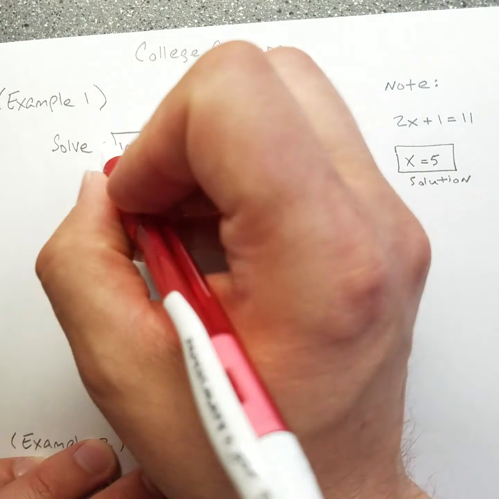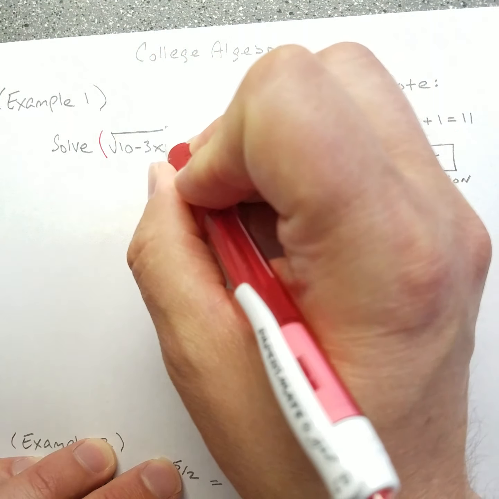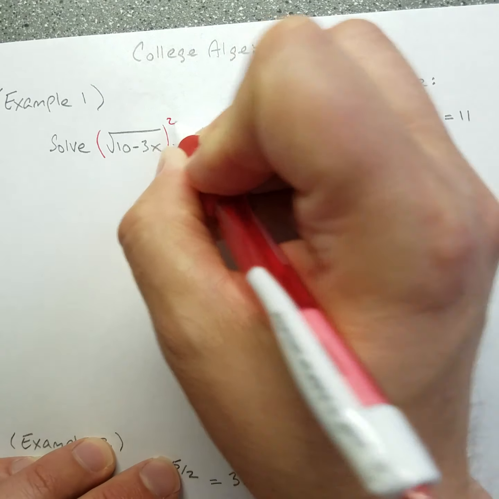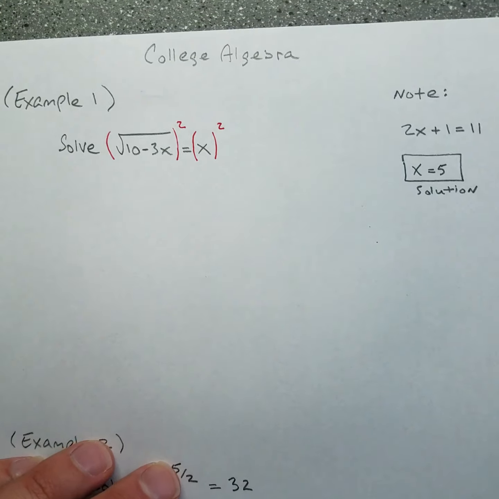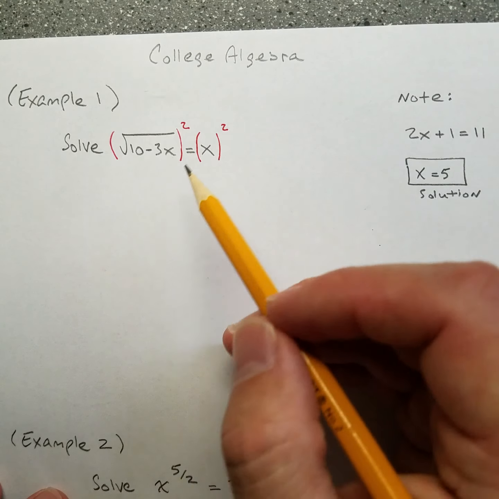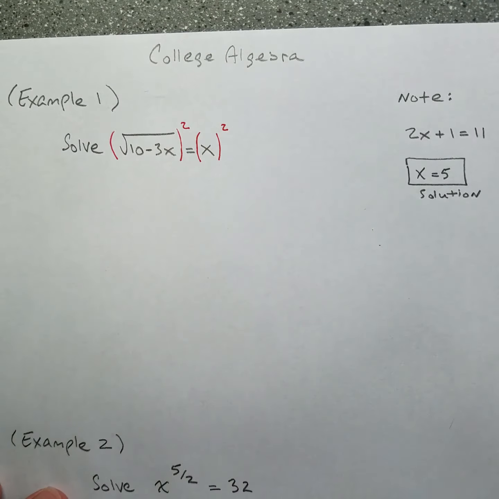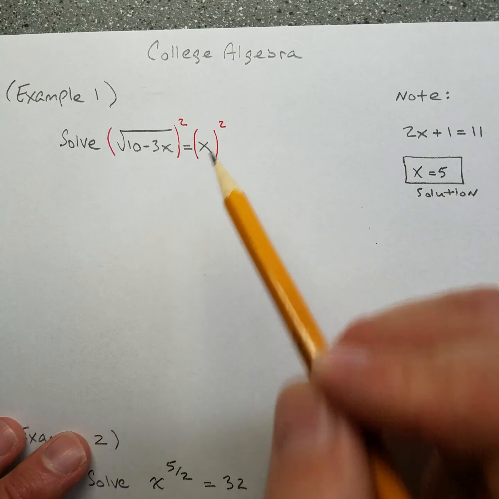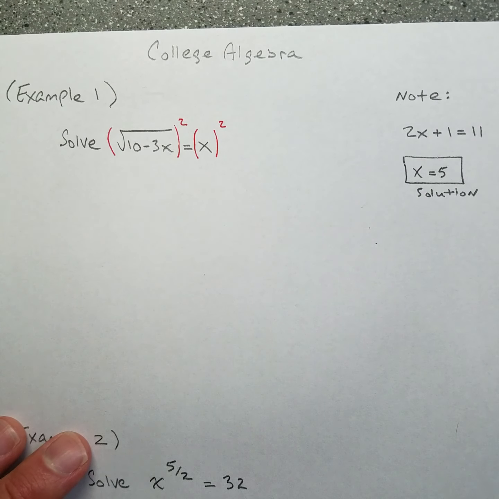In general, when I'm solving an equation, I can do the same thing to both sides. Say I decide to square both sides. That would cancel the square root. And that's probably easy to believe that would happen. But whatever I do to one side, I do to the other. So I square the other side too.